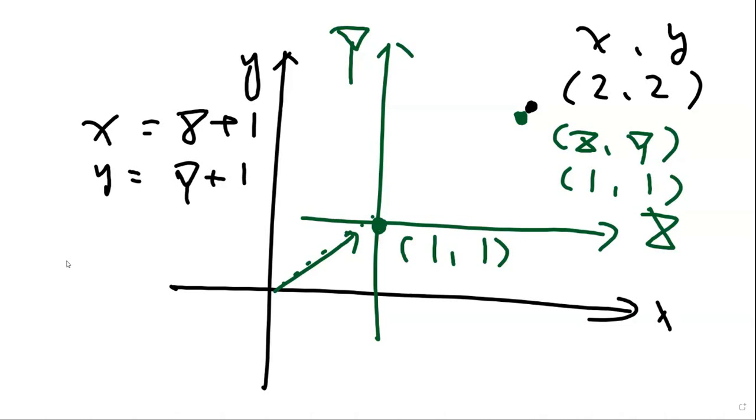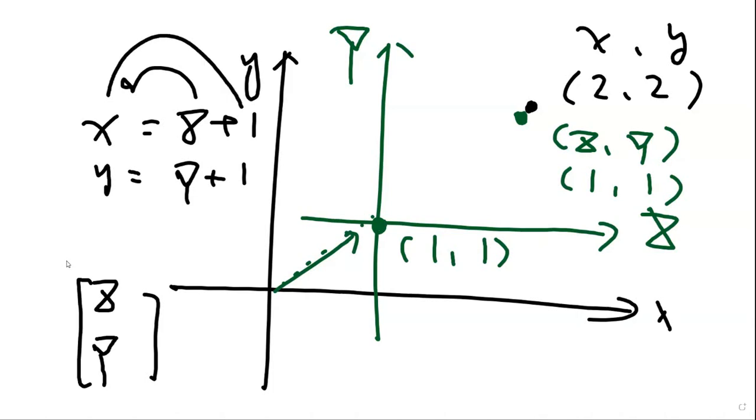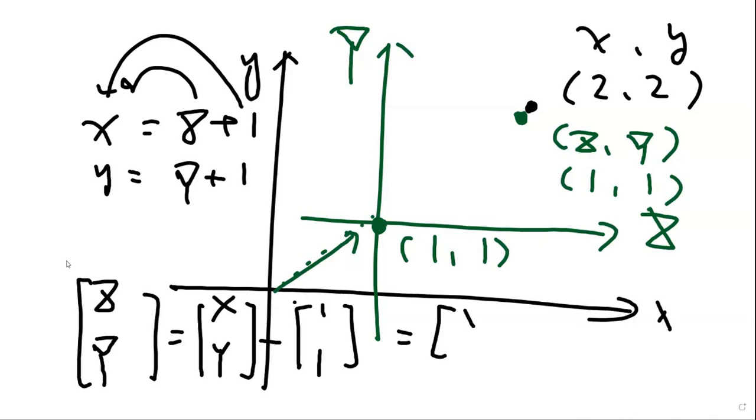So basically your big X, big Y vector should be moved to here. This one, I'm sorry, this one moved to here. So it should be the small x, small y minus (1, 1), or small x, small y plus (minus 1, minus 1).